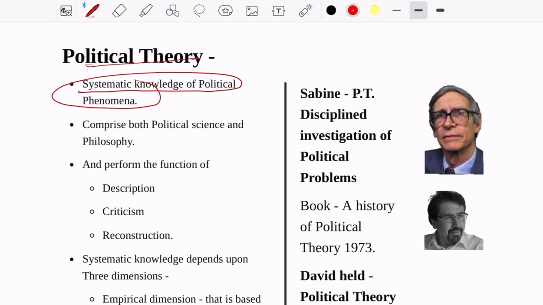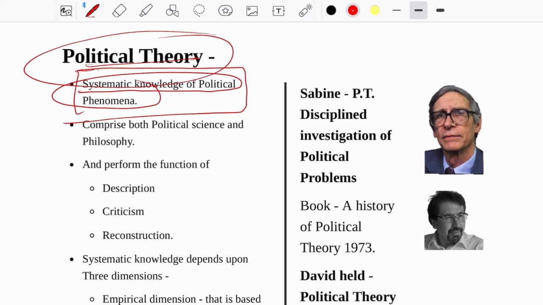Obviously, people are deliberating on certain policies. That is also a phenomenon. And they are electing a government, so they are going for voting. So electoral performance is also a political phenomenon. So any systematic study of political phenomena is called political theory.